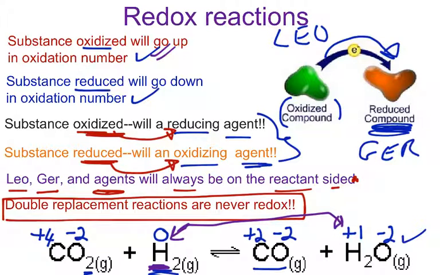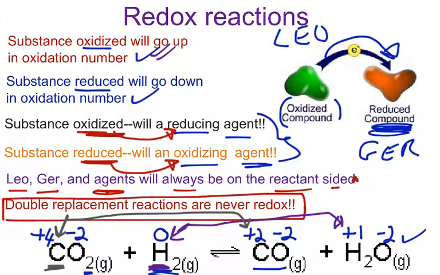It lost electrons and became more positive. On the flip side, carbon is going from +4 to +2. If you're going from +4 to +2, your oxidation number is going down, so we can say that carbon in CO2 is being reduced.